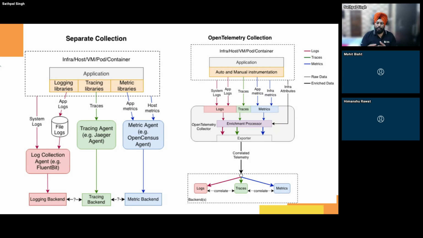It processes in such a way and then exports to the backend agents, or as I said, it's just a telemetry collector. It doesn't have any storage to store logs or store metrics. It passes on to a backend tool. Okay, we'll see that in a bit in the demo, how OpenTelemetry is deployed.